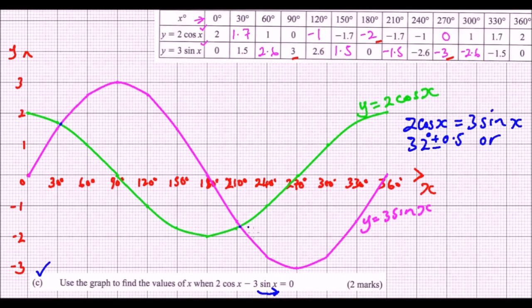So those are the values where the two graphs are equal, and these are the points where the two graphs cut each other. These two points, you read the values of x, and that is how you answer that.